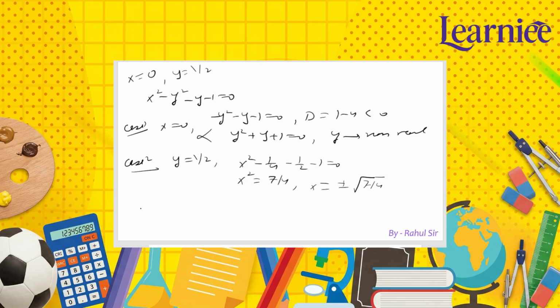Okay, so what is z? So z is either plus root 3 by 2 plus i times 1 by 2, or minus root 3 by 2 plus i times 1 by 2. Got it? So this is how we can find these two solutions. Okay.